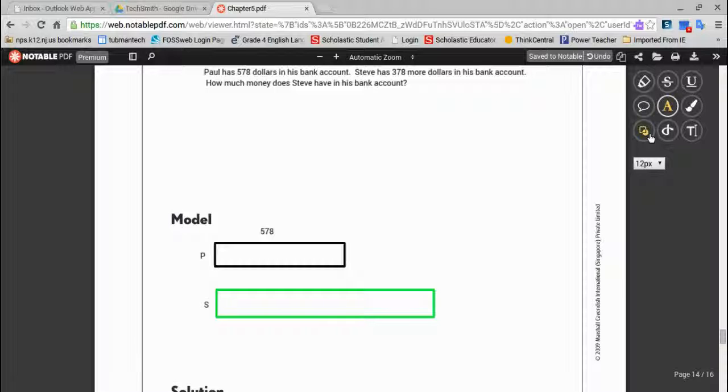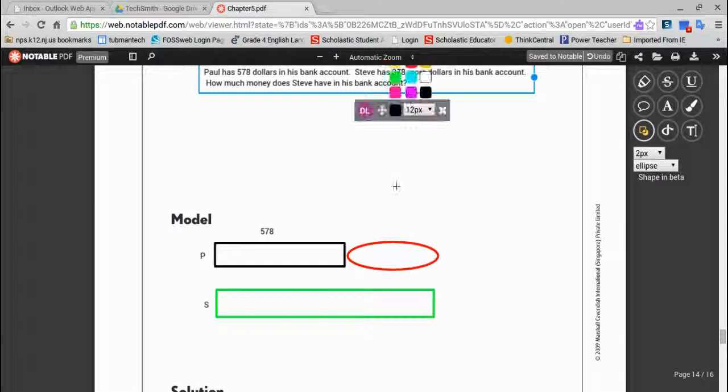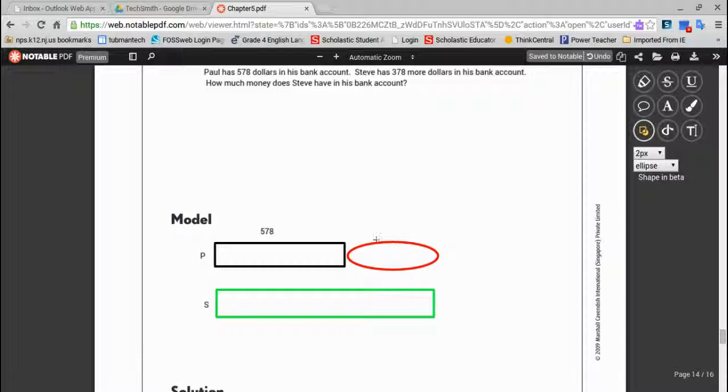He has $378 more dollars. So that $378 goes in this empty space right here because he has more than Paul. And how much more? Well, that's 378. So this empty space right here is where the 378 goes.